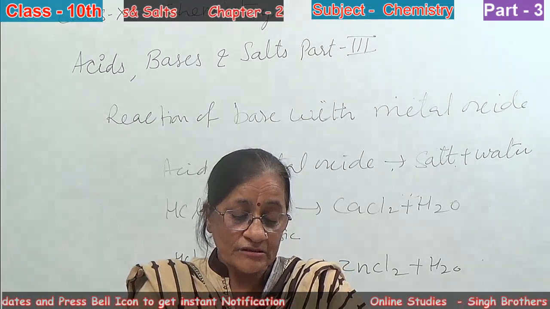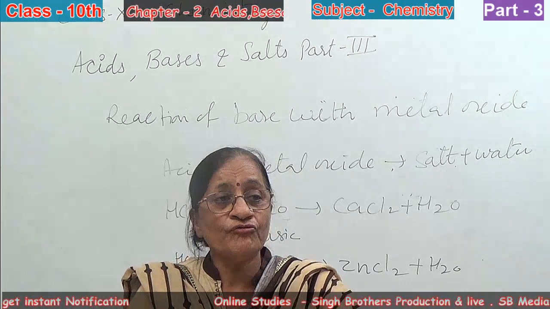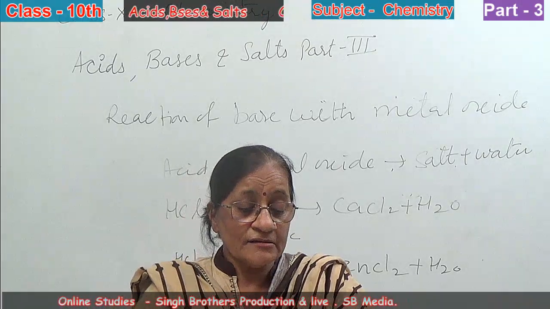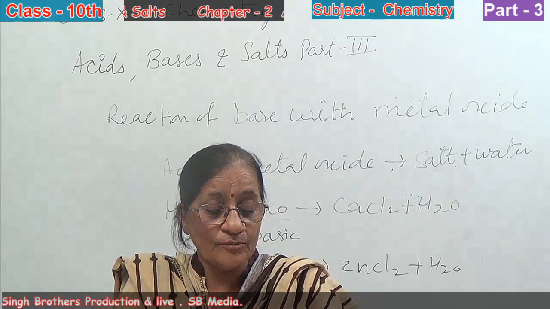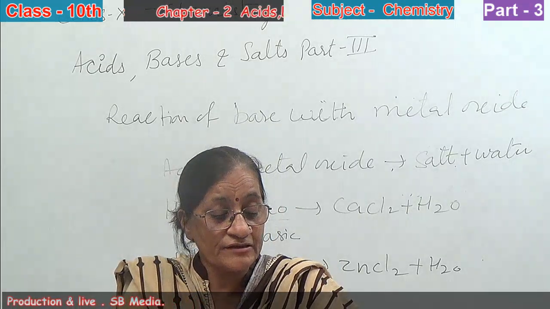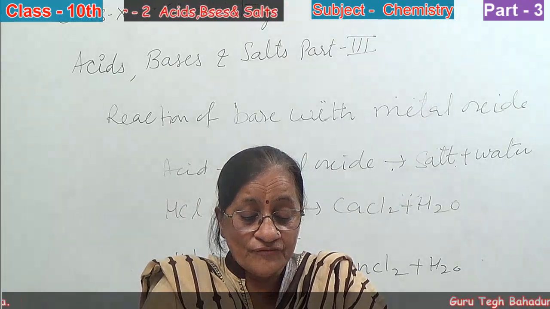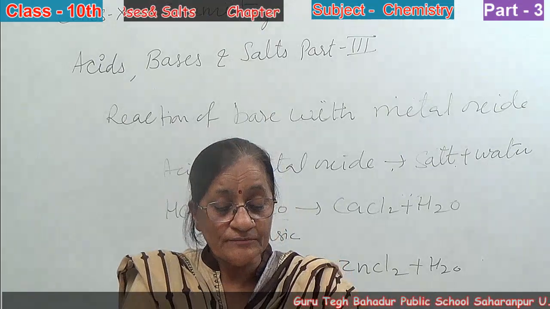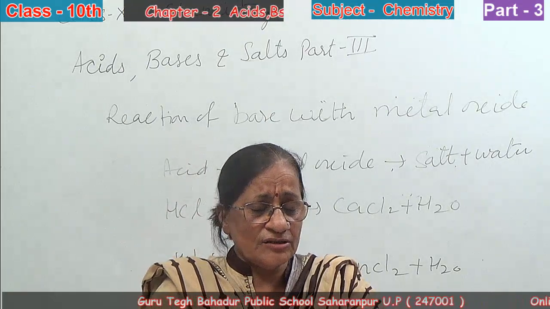It is used as electrolyte in batteries and also in manufacture of fertilizers. Next is NaHCO3, sodium hydrogen carbonate or sodium bicarbonate, which is used as baking soda in cooking food and bakery items to make them spongy. So these are the uses of bases.